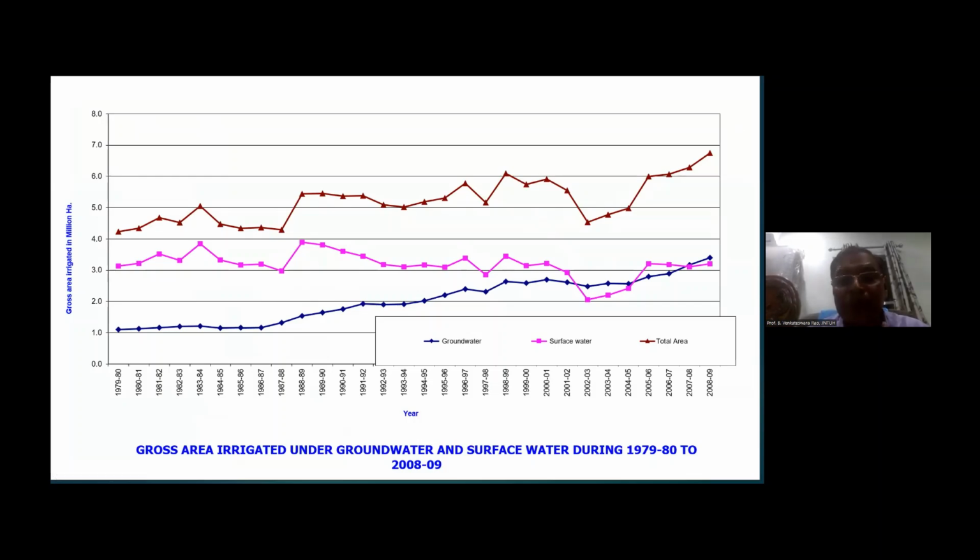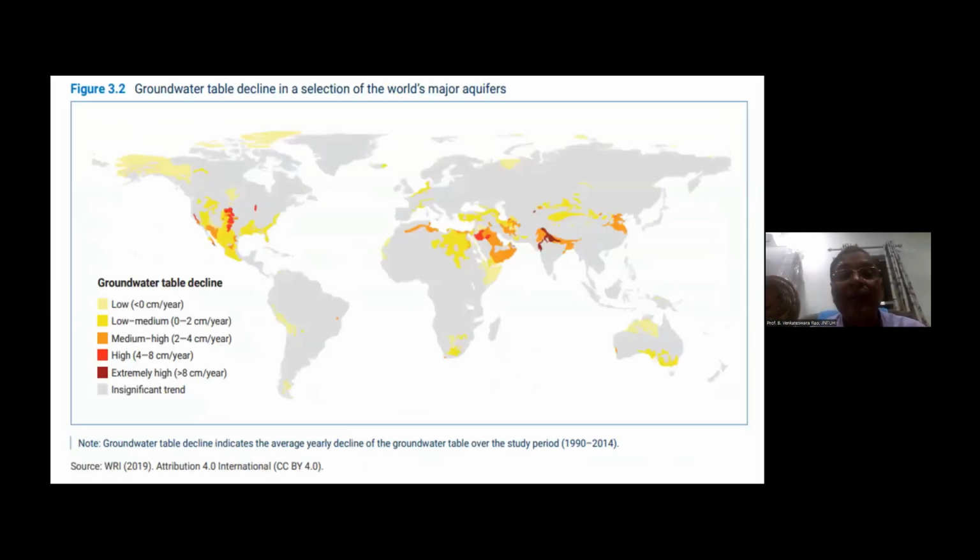And so this is how groundwater is overutilized in some places, while in others it is not underutilized but not overutilized either. And this is how the groundwater table declines over the world. One of the most disturbing cases is the Indo-Gangetic plain, which has one of the most declining groundwater levels, more than 8 centimeters.